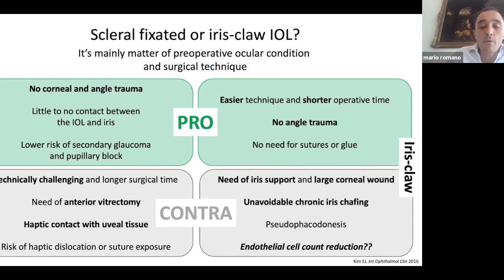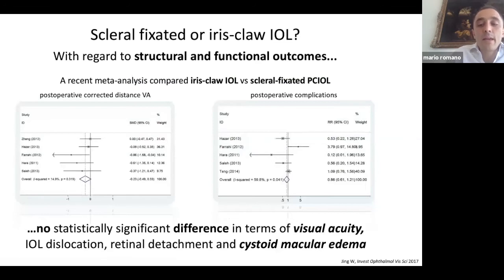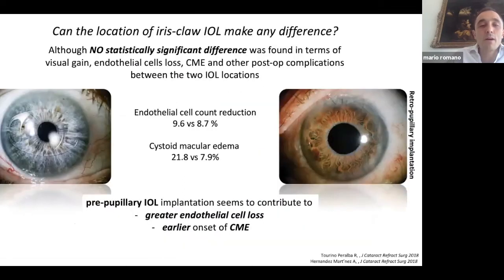There are also reports of endothelial cell density reduction. In a study published in IOVS 2017, between scleral fixated and iris claw IOL, there was no statistical difference in terms of visual acuity, IOL dislocation, or cystoid macular edema.